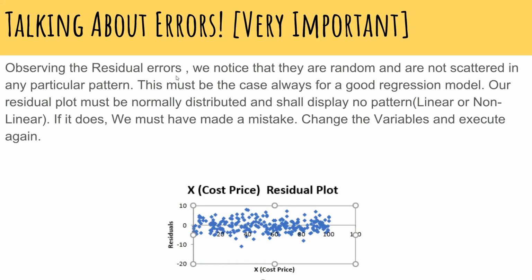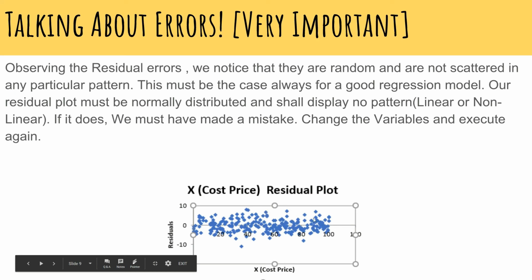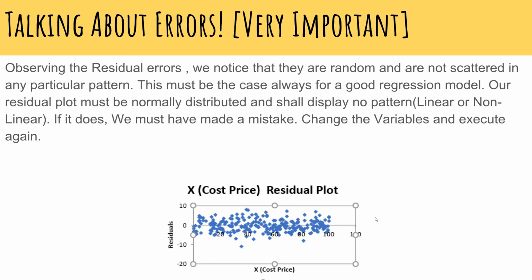Now it is very easy to create a residual plot. In the regression analysis toolkit that we use for regression, it has a checkbox named residual plots, and once you select it, you are going to get this graph where you can see that the errors are distributed along the x-axis, our independent variable axis. The errors must always be distributed in a random manner, they must not have any form of relationship between them, linear, non-linear or any kind.